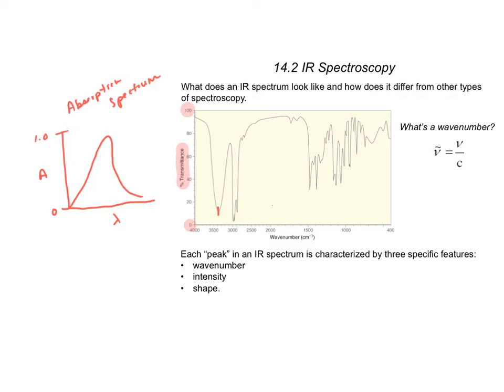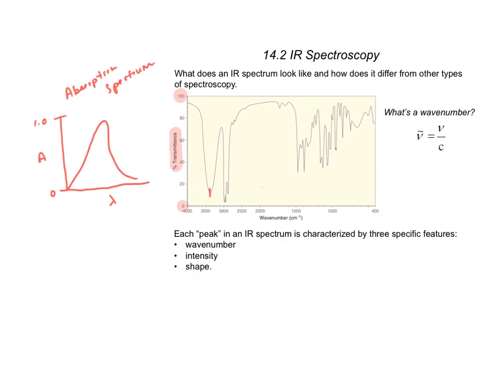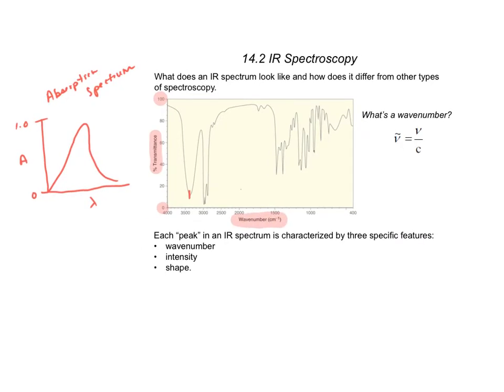Number 2, what else is different? So we were looking over here at wavelength, right? But down here, this thing is called wave number. It is not wavelength. Instead, wave number is kind of like a normalized value of frequency. So wave number is defined as this guy: the frequency of light divided by the speed of light.